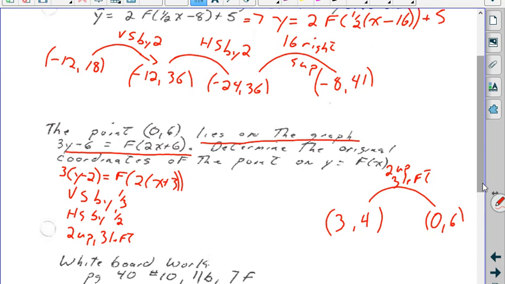What did I have to start with to get to here? Horizontal stretch by 1/2. I don't care which order these ones come in. I didn't do anything vertically, so the 4 stayed the same. I horizontally stretched by 1/2 and got to 3. Where did I start?